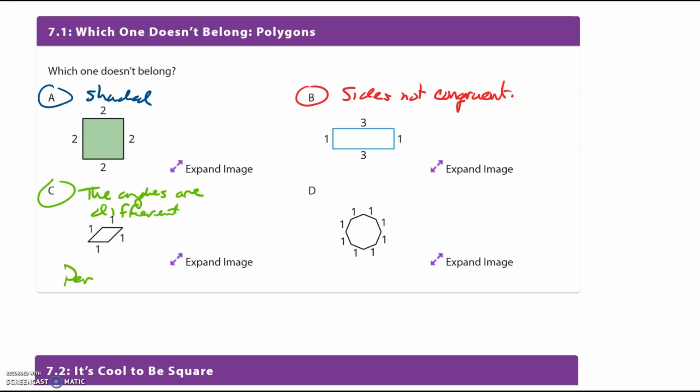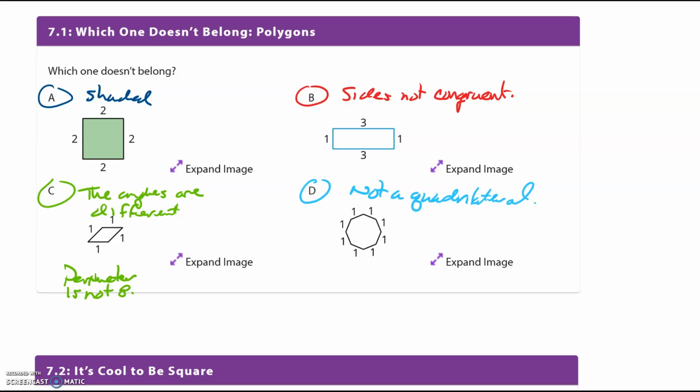So the perimeter is not 8. Okay, and then for D, some people say this one doesn't belong because it's the only one that is not a quadrilateral. Okay, that's the only one that's not a quadrilateral.